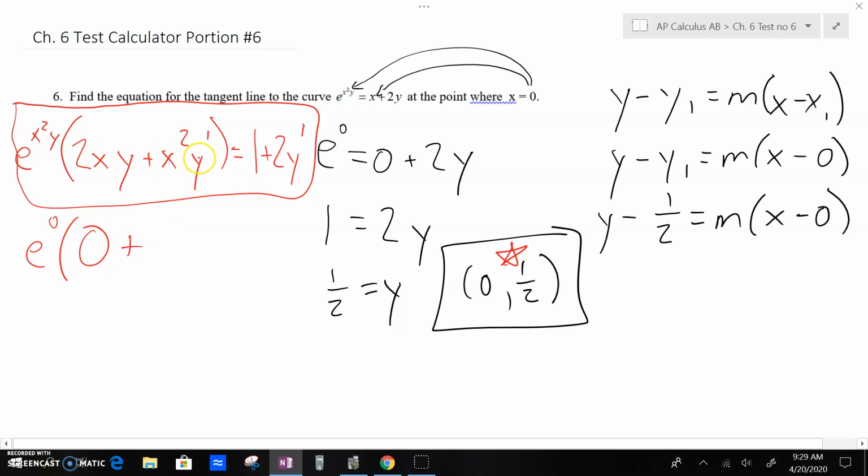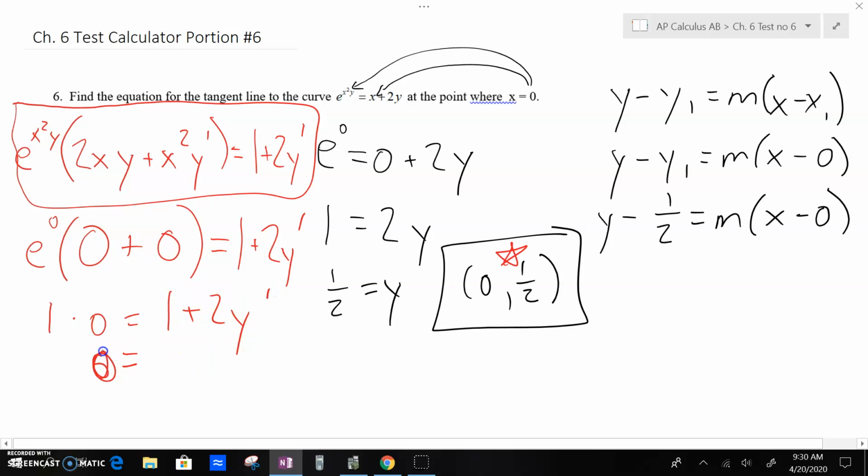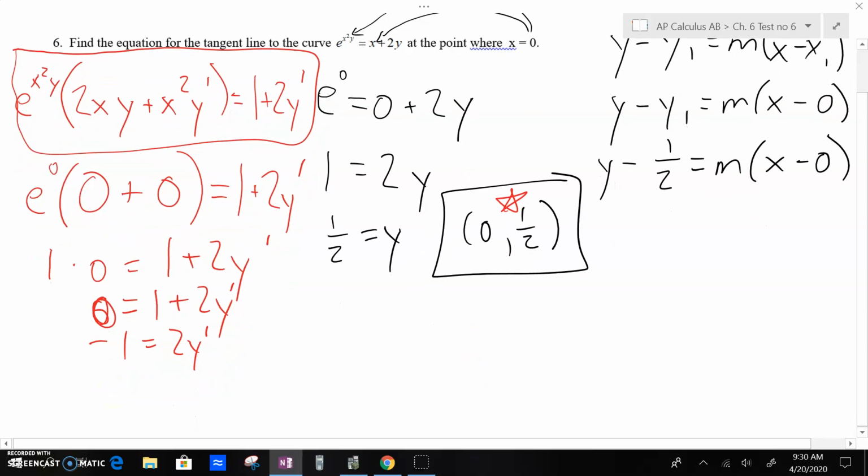Plus 0 times y prime, also 0, equals 1 plus 2y prime. Well, 0 plus 0 is 0. E to 0 is 1. So 1 times 0 equals 1 plus 2y prime. 0 equals 1 plus 2y prime. Subtract a 1 and divide by the 2. And let's see, I'll scroll up just a little here. You'd have a negative half equals y prime.